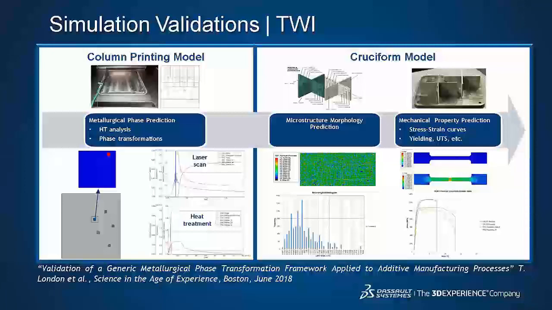On the left of the slide, we show a number of columns: printing models and validated metallurgical phase transformation predictions for both the virtual print process and the post-build heat treatment process. Metallurgical phase transformation is simulated, predicting the volume fractions of different phases, such as alpha Widmanstätten, alpha grain boundary, martensitic alpha prime, and then alpha lath thickness and temperature histories.